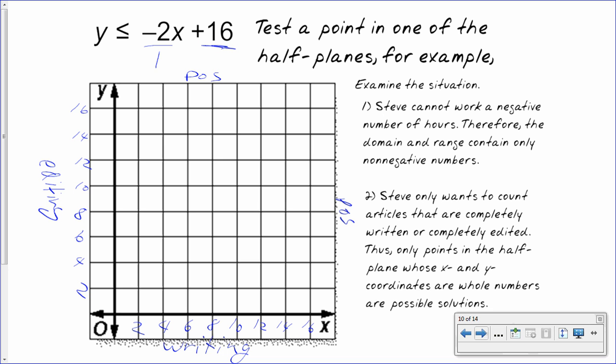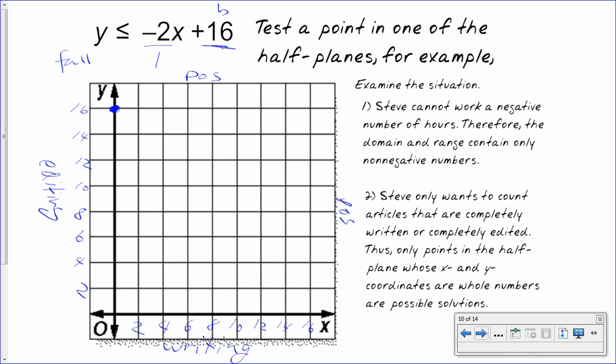Okay. Here's how you do this. This is the type of question that they're going to ask you. Where's my y-intercept? 16, right? What's my line going to do, fall or rise? Going to fall, right?